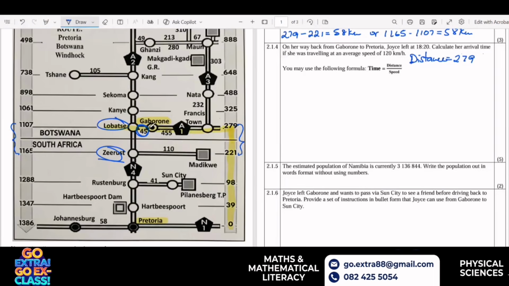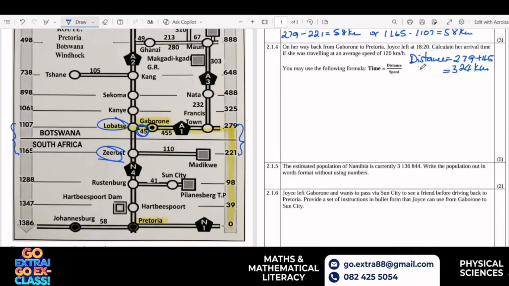But from Labotso to Gaborone, we add 45. Therefore, this gives us a total distance of 324 kilometers. So that's the total distance.